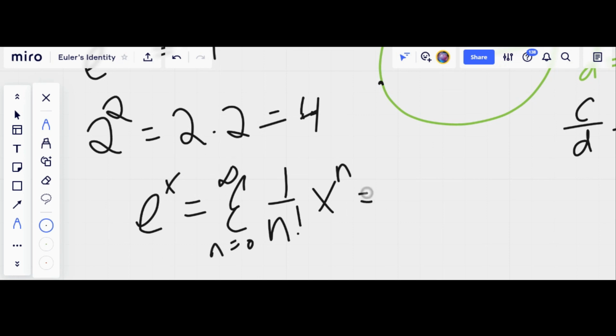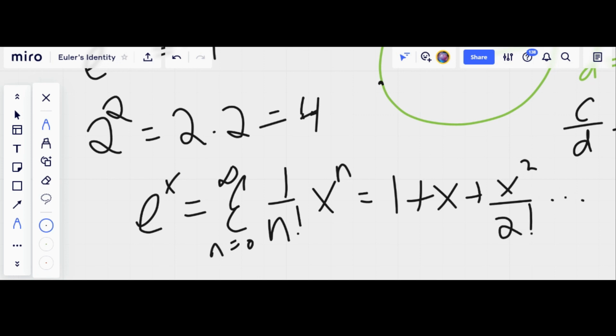Now, what is this going to look like? Well, this is not as intimidating as it seems. It's just going to be, right, when you put in 0 for n, you're going to get 1. When you put in 1 for n, you're going to get x. When you put in 2, you're going to get x squared over 2 factorial, dot, dot, dot.